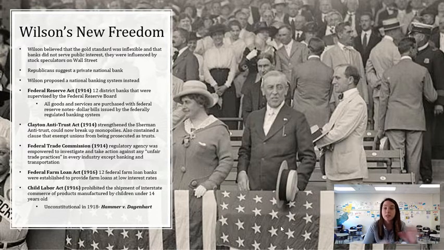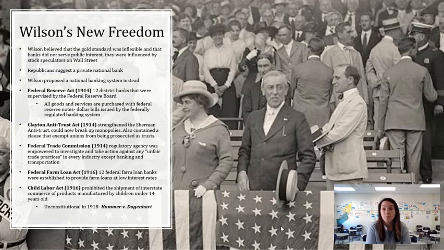Those things still exist, but the government is now regulating it more closely, because bankers and railroad financiers are greedy and looking to get rich quick. But when they do those practices and the economy collapses because of it, it ends up affecting the people.